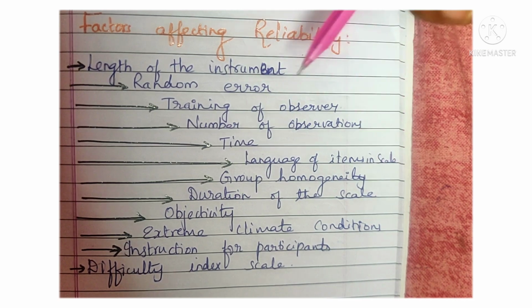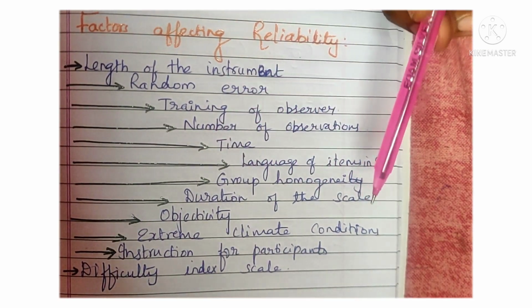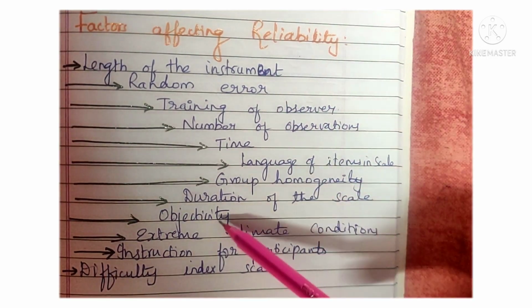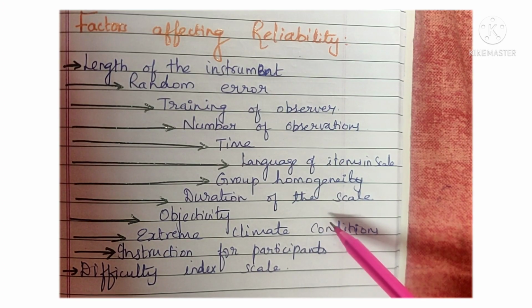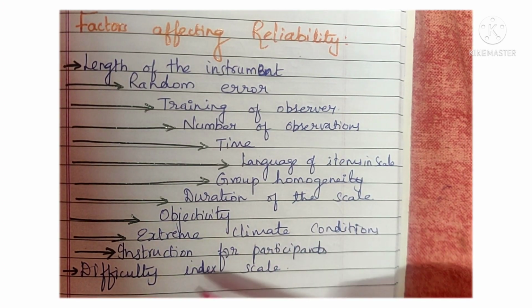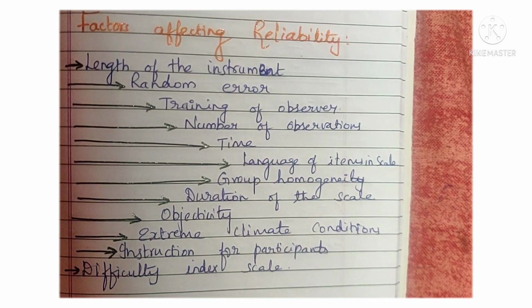Language of items, whether it is in their own language, whether they accept the language. Group homogeneity, that is the group should have the same characteristics. Duration of the scale, how long you are going to administer it. Objectivity, extreme climatic conditions, instructions for participants and difficulty index. So this gives an in-depth understanding of reliability.